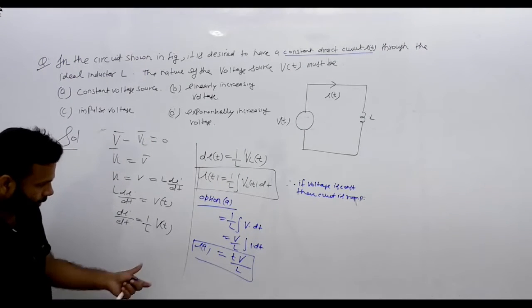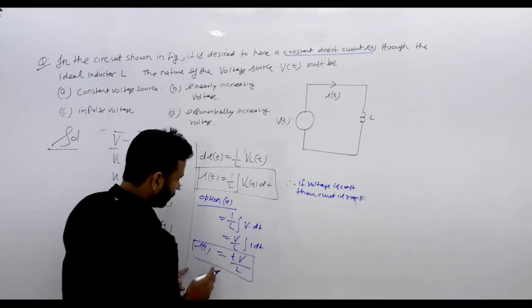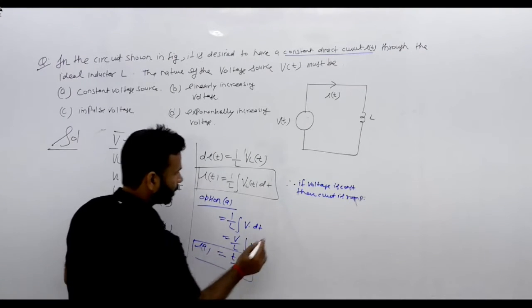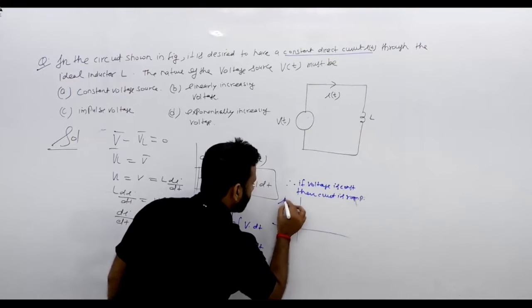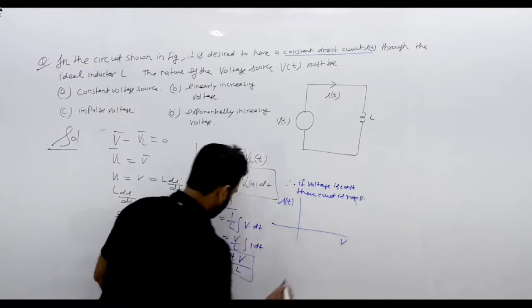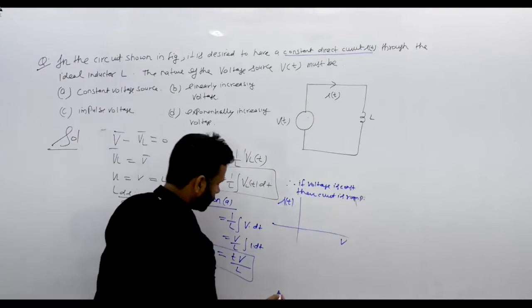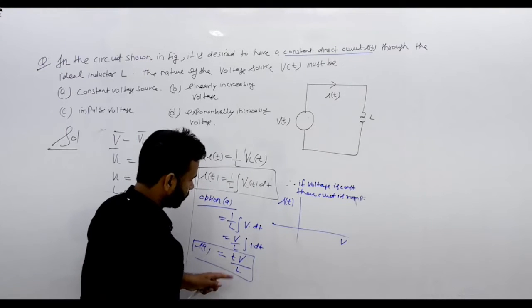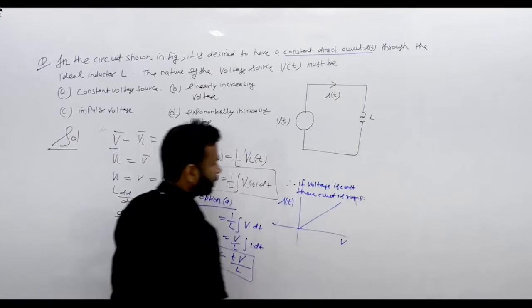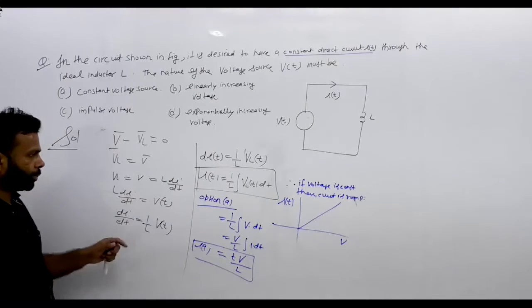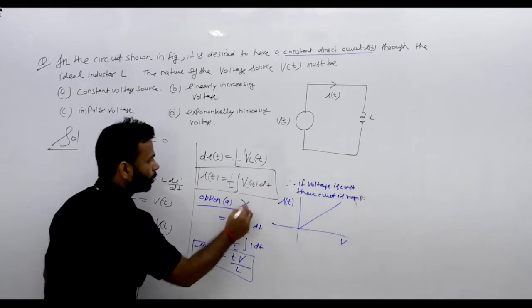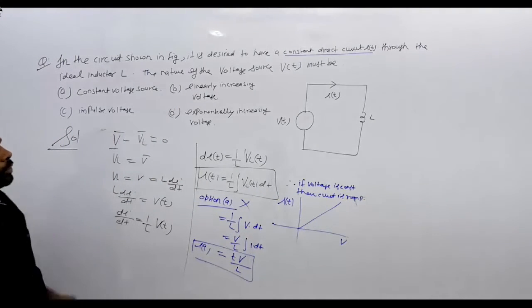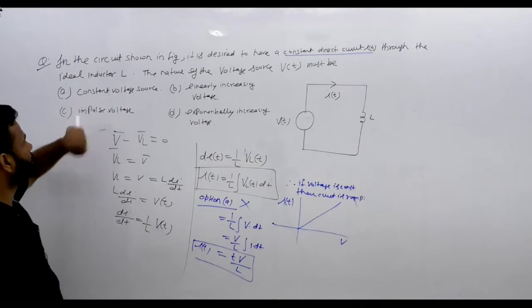Okay, if I draw the IT versus T graph, it is V by L slope. So this option is wrong because in the question he is demanding constant current. So option A is wrong if you take the constant voltage.